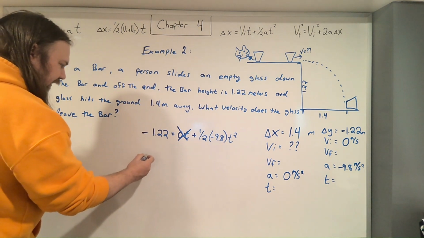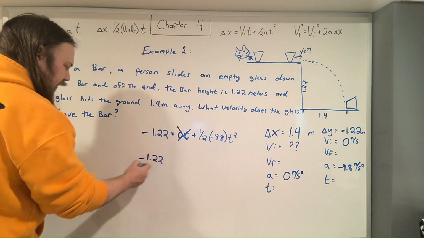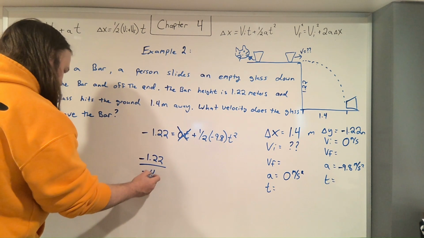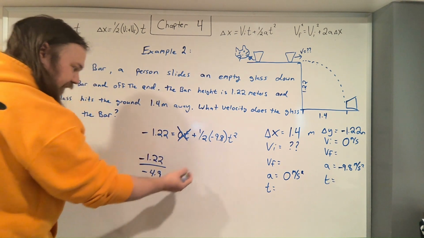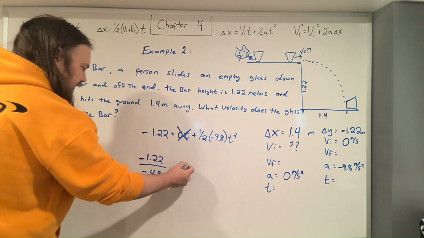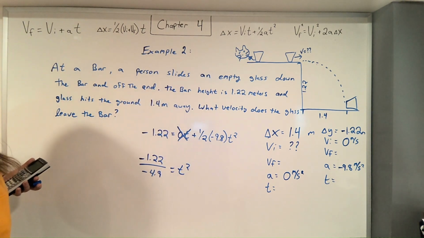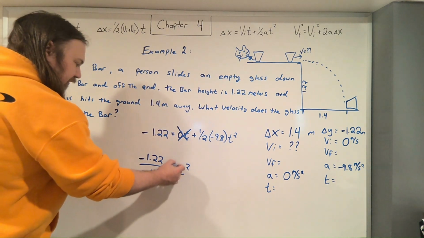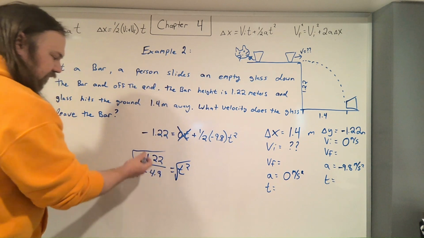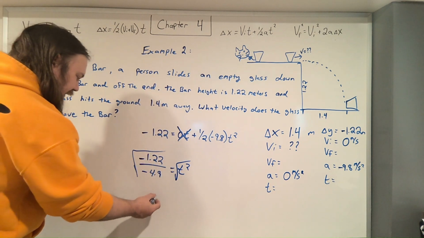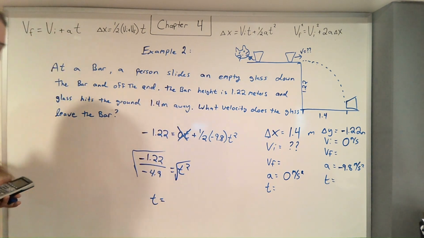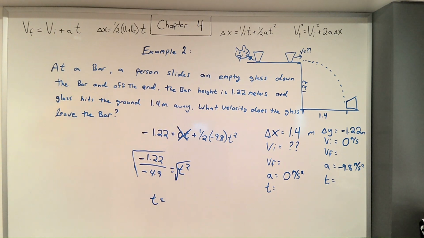So I'm going to have a negative 1.22 divided by a negative 4.9, which is half of 9.8, is equal to t squared. Okay. Now to get rid of the square, take a square root on both sides. The two negatives will end up canceling anyway, and you'll end up with a t, okay, a time.